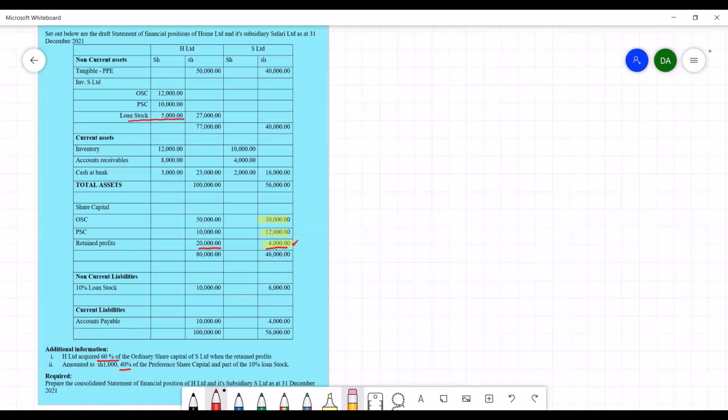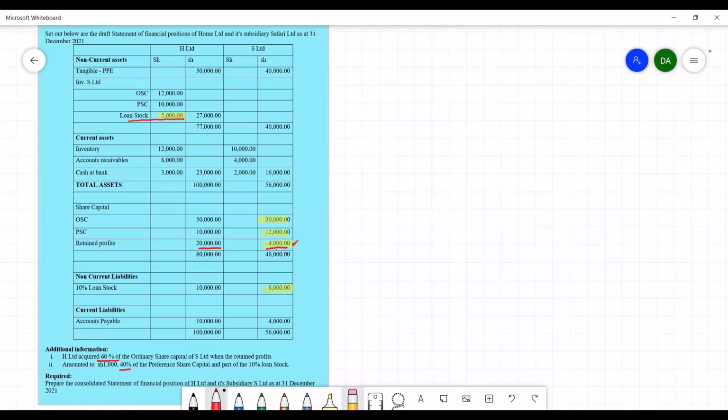The loan stock of S Limited is equal to 6,000, meaning in the 6,000, there is loan that is owed to H Limited, which is the holding company. The loan stock which is owed to the holding company should be cancelled.